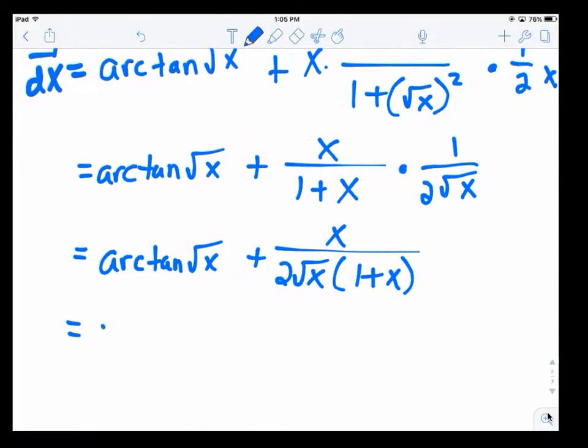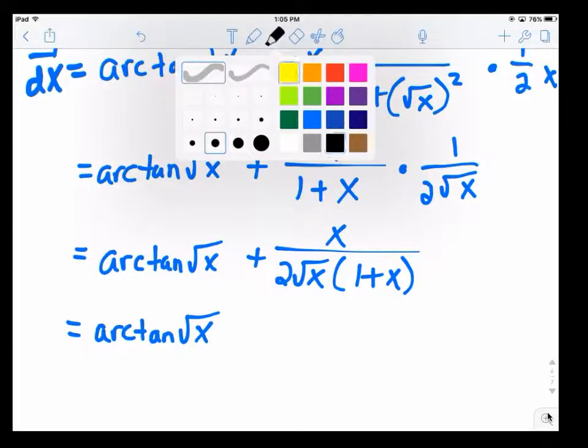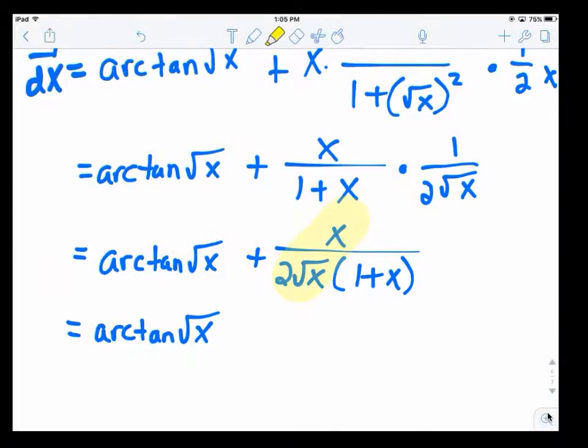All right, can you simplify the second term at all anymore? You could, you don't really have to. I'm more looking at like these two guys. Can I simplify that at all? So this is really x to the first, and then this is x to the 1/2.